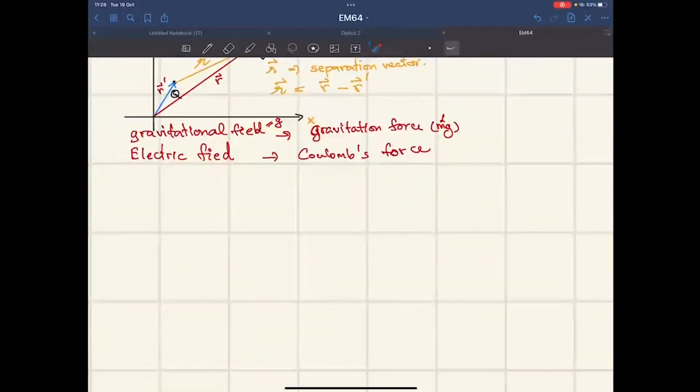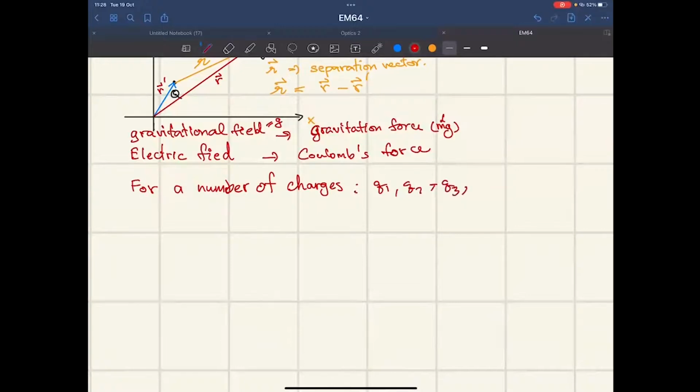Okay, because it is related to the Coulomb force, when you have many Qs, let me say for a number of point charges, let's say you have Q1, Q2, Q3, Q4, and so on until Qn.